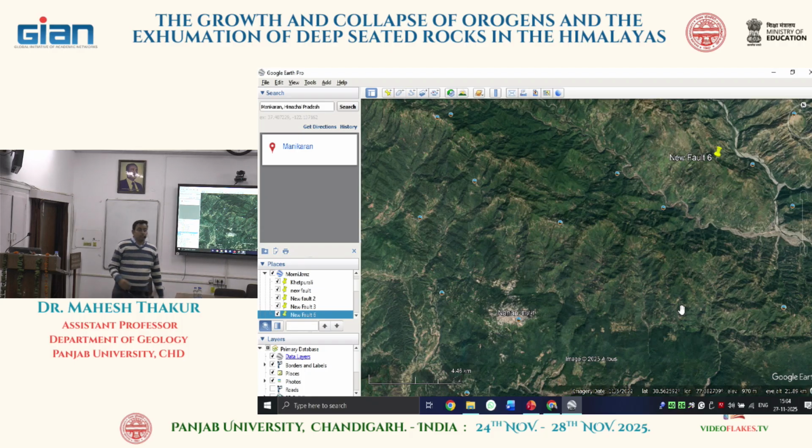But maybe it's not a fault. On the other hand, if it is a fault which is passing through this bedding, then it's a problem for us because we are assuming it's just bedding. Then we need to look for some geomorphic markers. Because in the books it's very easy to define a fault or a fold, but when we go in the field, it's tough to find a fault, especially in Himalayas.